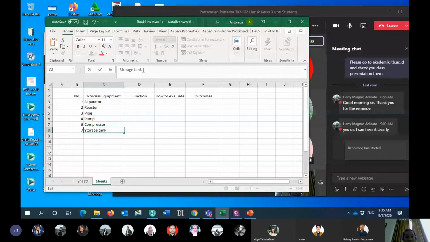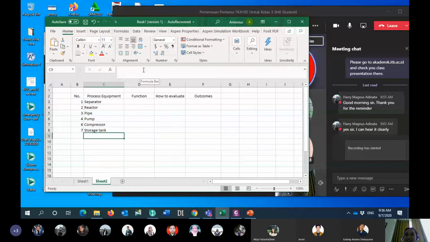What is the definition of simple, sir? Yes, I mean that unit probably has a very simple function. They don't need to do something like evaporation. They don't need to do distillation to fractionate the components.